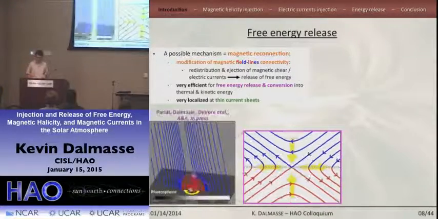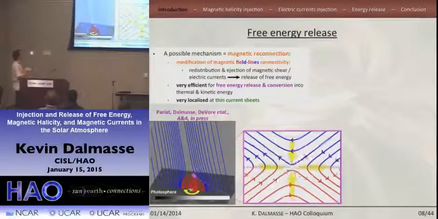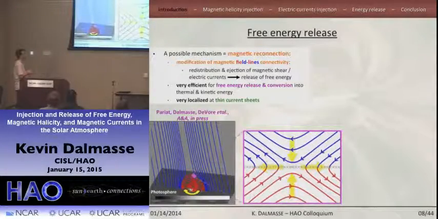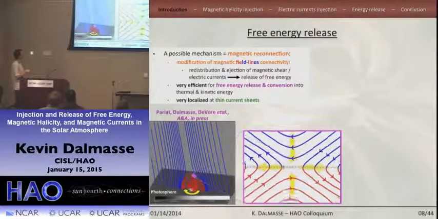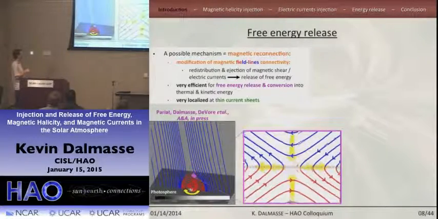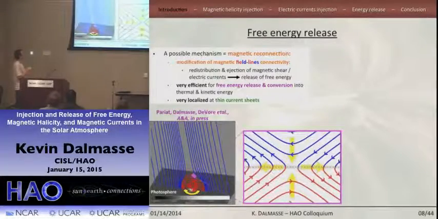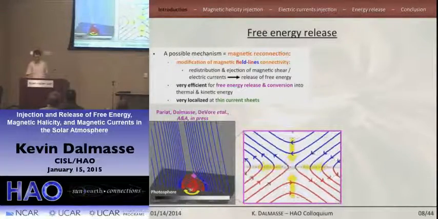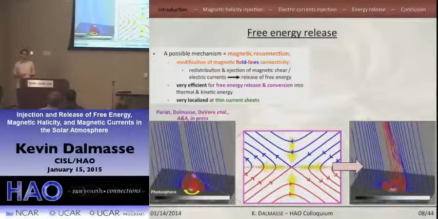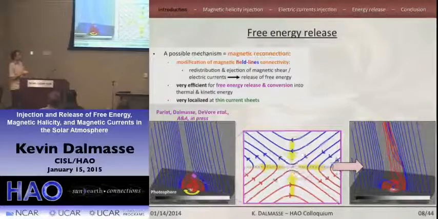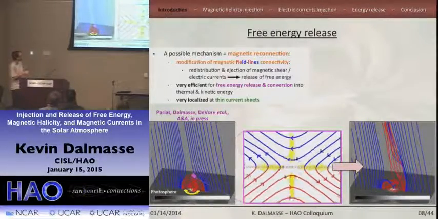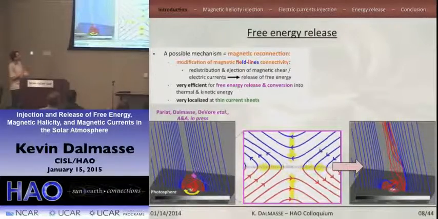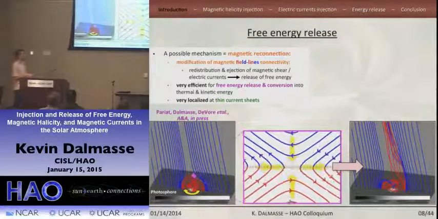So if, for instance, we take this MHD flare model that I will discuss in the last part of this talk, we initially have closed twisted magnetic field lines here, surrounded by potential magnetic field lines here in blue. And then by changing the connectivity of the magnetic field, the reconnection between these two field lines leads to the reconfiguration of the magnetic field, as can be seen here, with red field lines which are now open and blue field lines which are now closing on the photosphere.